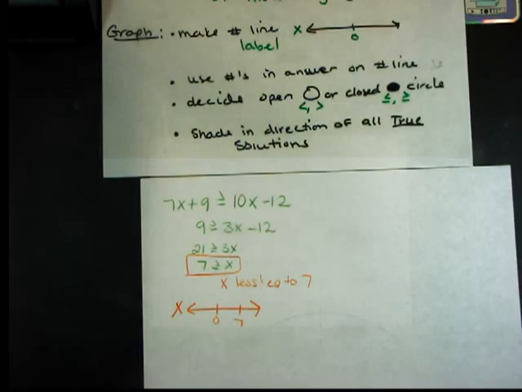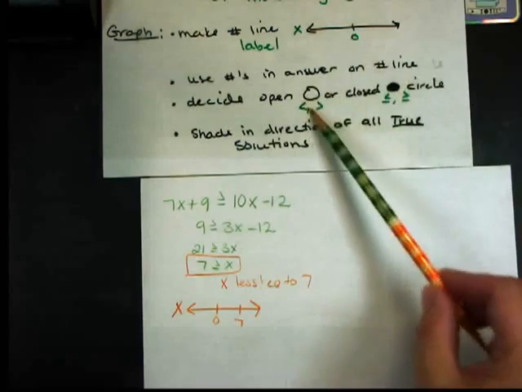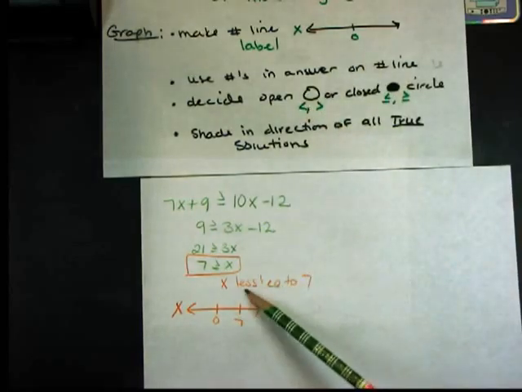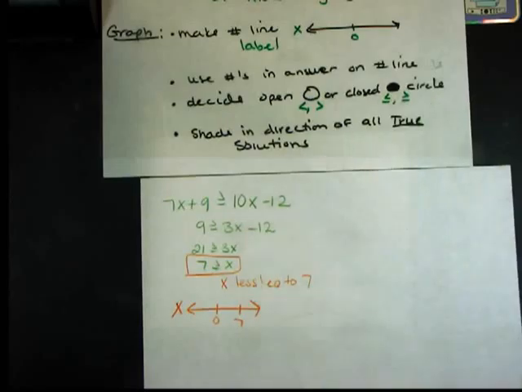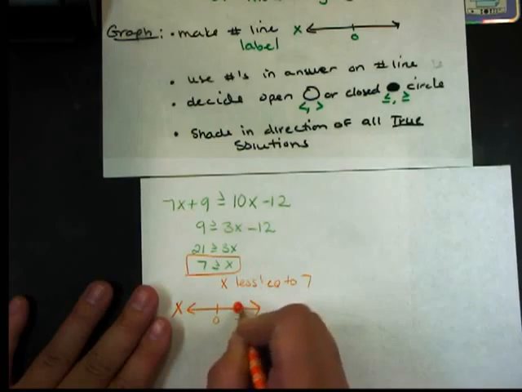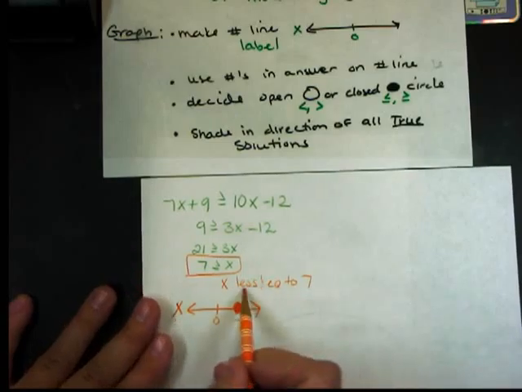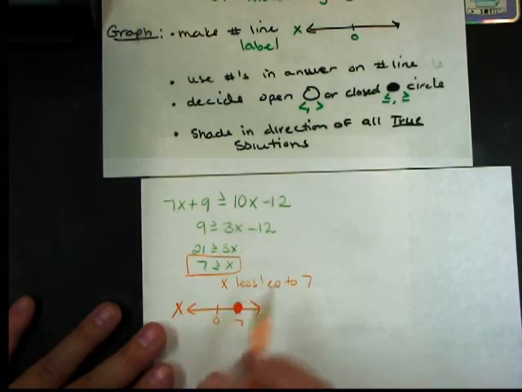The open or closed circle is based on the notes up here that says if it is a less equal is closed. That means I'm including 7 in my solution. And then less, everything less of 7, in this case, is to the left.